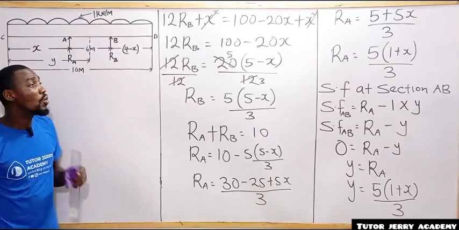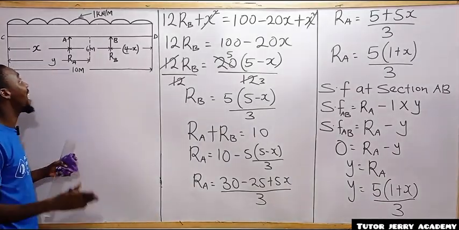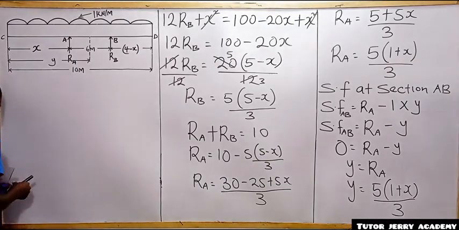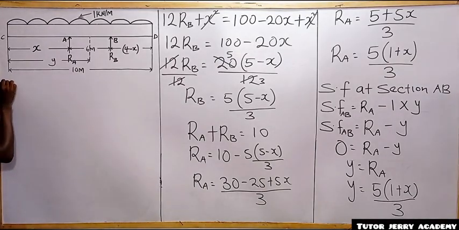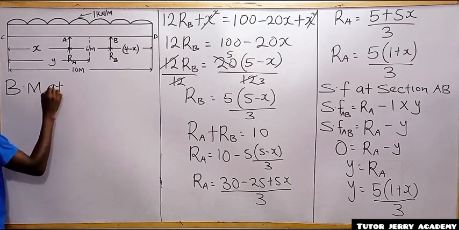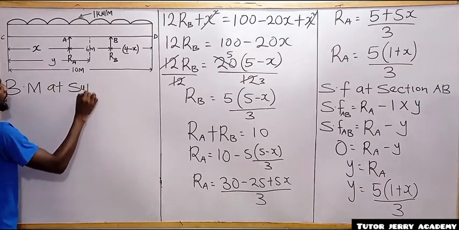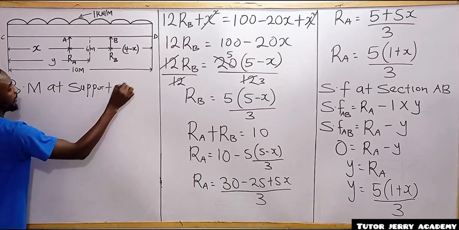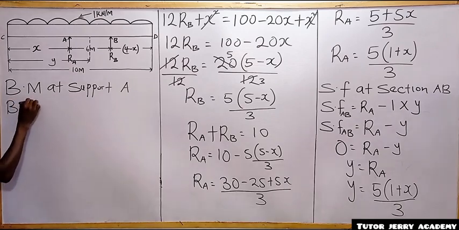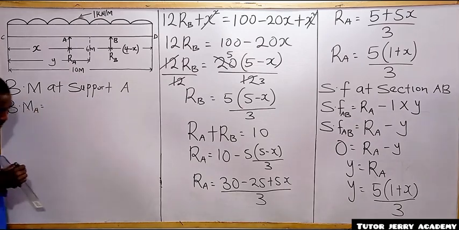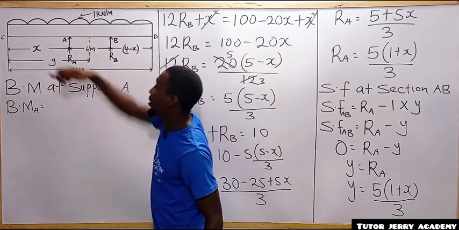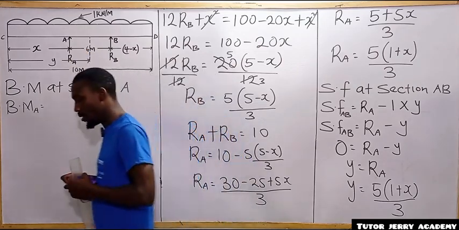So we are going to consider bending moment at support A now. All right. So let's just take it like this. So this will be equals to, all right. Now look at our support A here. So let's consider the bend moment at that point.